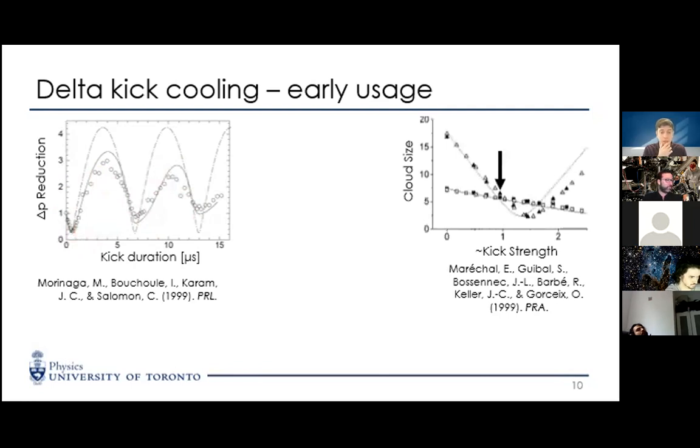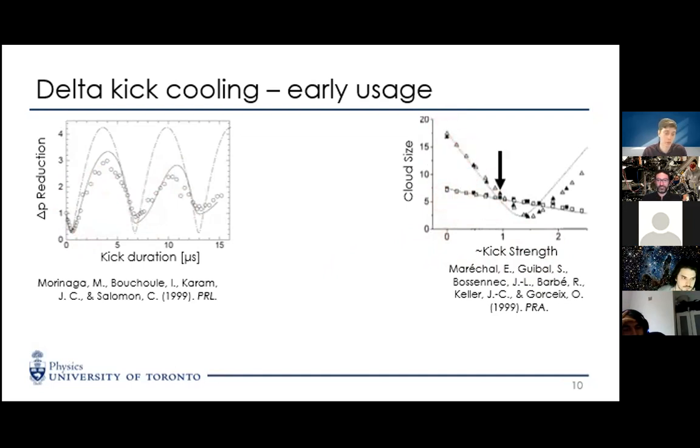In the same year, another French group showed Delta-kick cooling in a slightly different scenario. Here they created their trapping potential with a magnetic field. So the x-axis, though I'm saying it's kick strength, it's really amps in a coil somewhere. And here they're looking explicitly at the cloud size at 2 different times, given by the squares and the triangles.